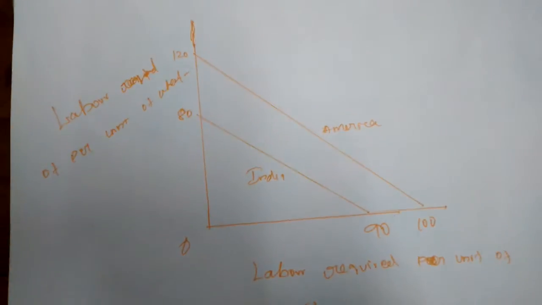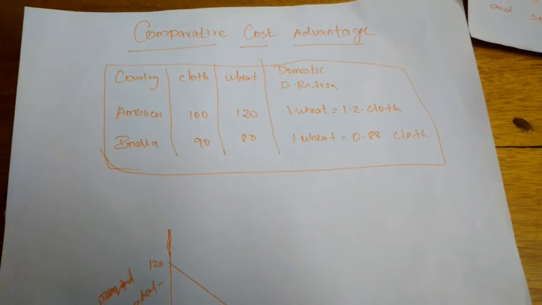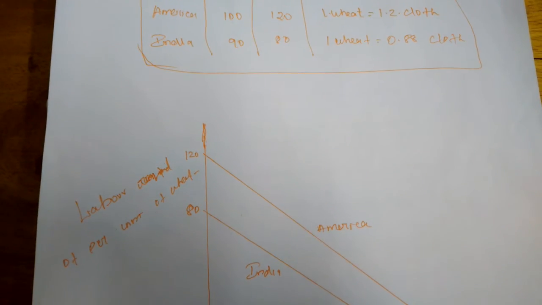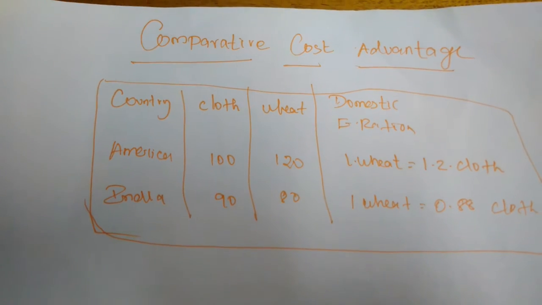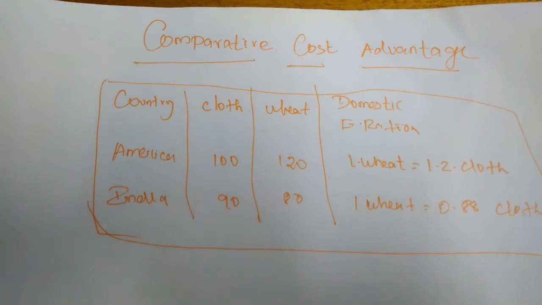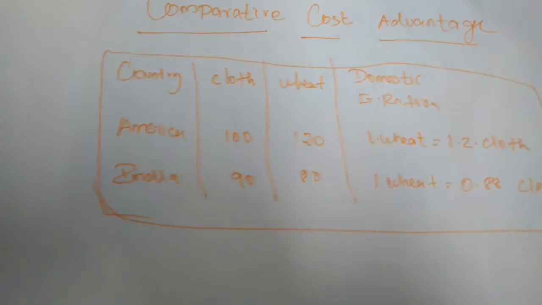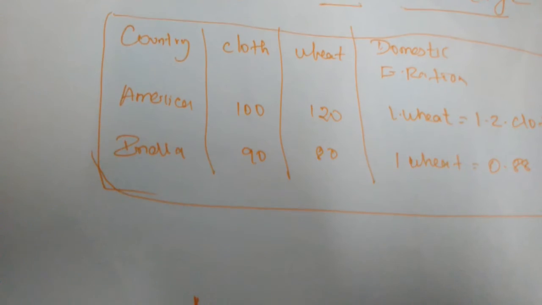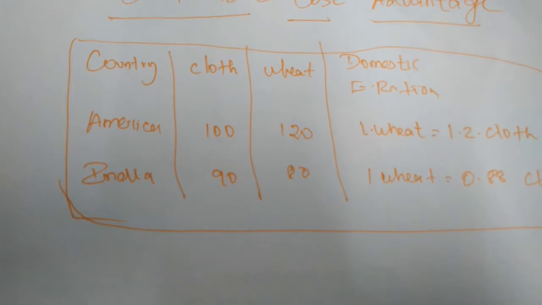Looking at the schedule, it is evident from the example that India has an absolute advantage in the production of both cloth and wheat. India can produce cloth with 90 labor and wheat with 80 labor, so it gets the absolute cost advantage. However, India should concentrate on the production of wheat, in which it enjoys a comparative cost advantage.